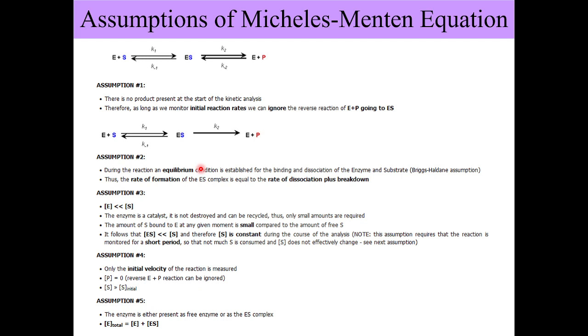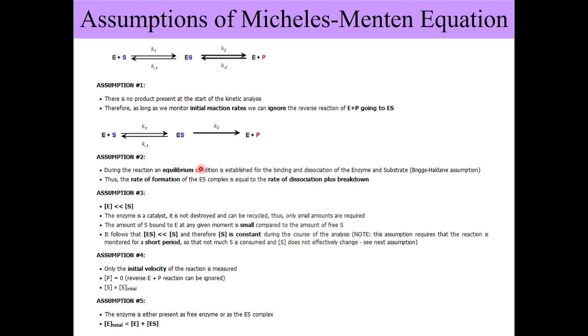Okay. For the fourth assumption, only the initial velocity of the reaction is measured. So the product concentration initially is 0, and substrate concentration is much more than the initial substrate concentration. For the fifth assumption, the enzyme is either present as a free enzyme or as ES complex.